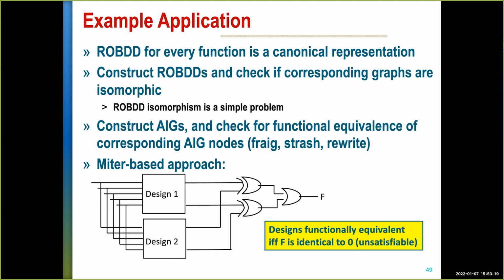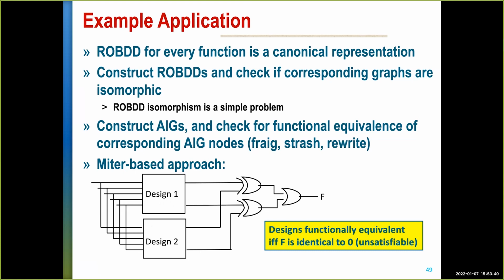So the final AIG that you create out of this may not be twice the size of the AIG for a single design, because it depends on how much of the circuit was the same and how much of that could be caught using rewrite rules and strashing and fraiging.